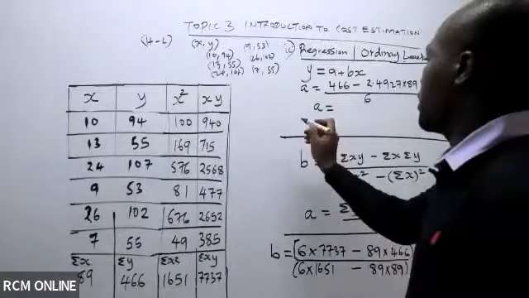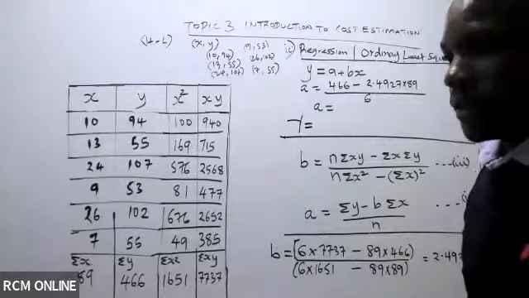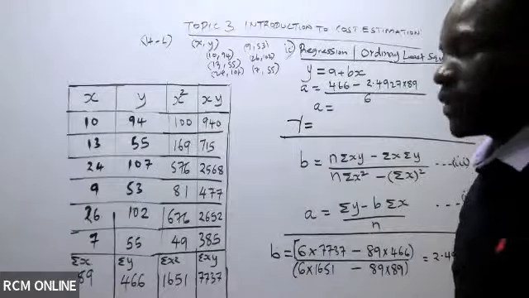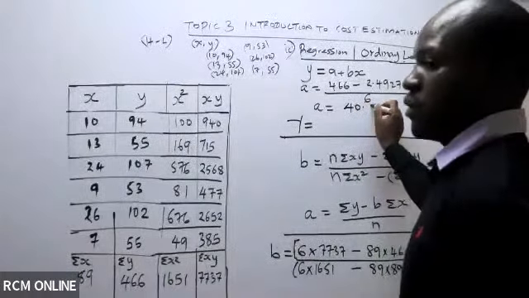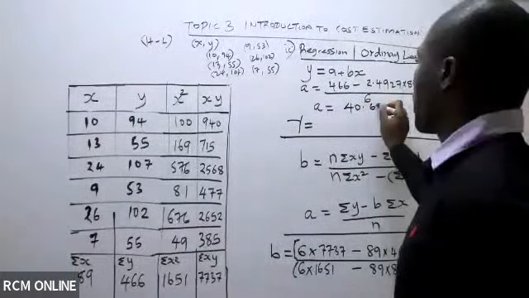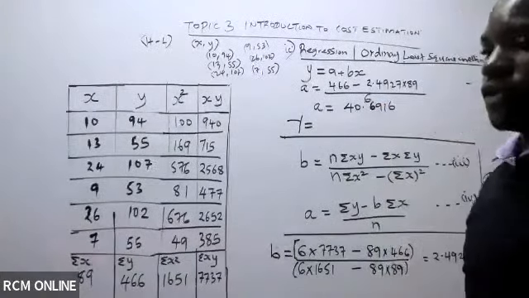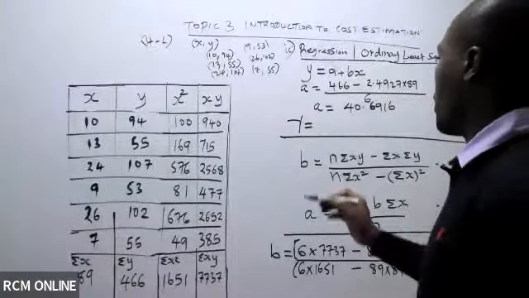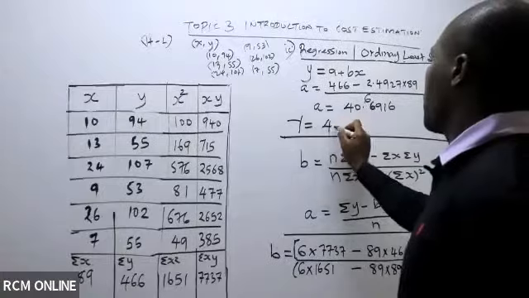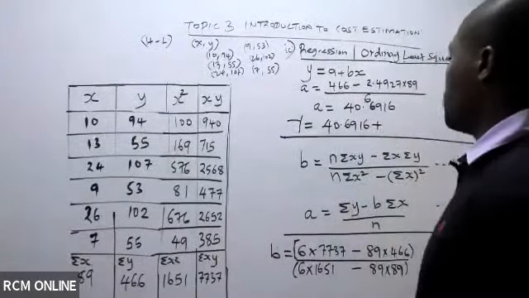So the next thing is to come up with a cost function. The value of A is 40.6916. Good. So can we now come up with the cost function? Y is equal to A, 40.6916, plus BX.